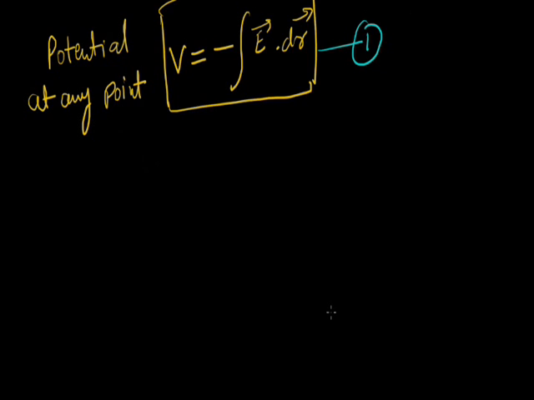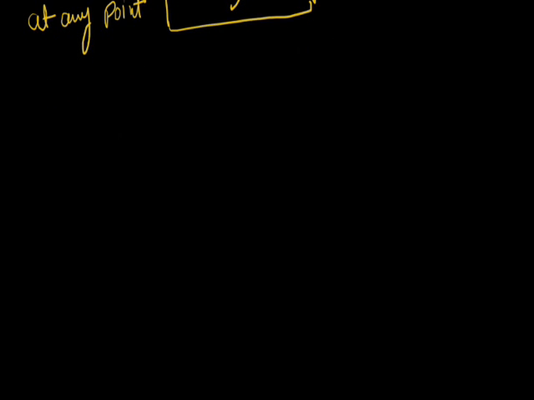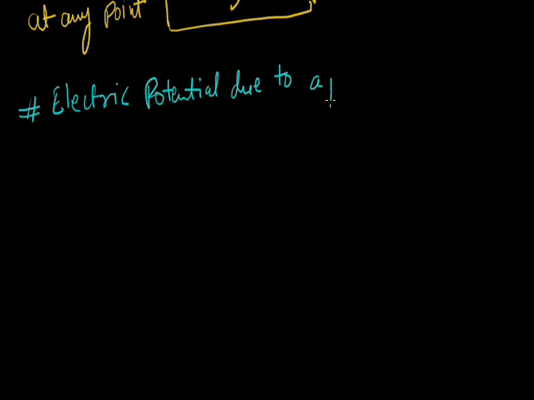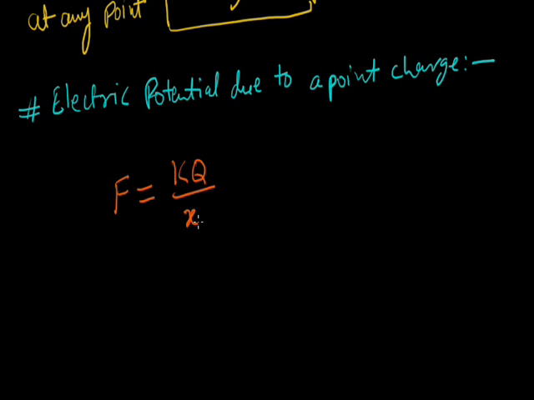Next we'll find out what the electric potential due to a point charge is. We all know F is equal to KQq upon r squared, or x squared, where we are talking about a unit point charge.